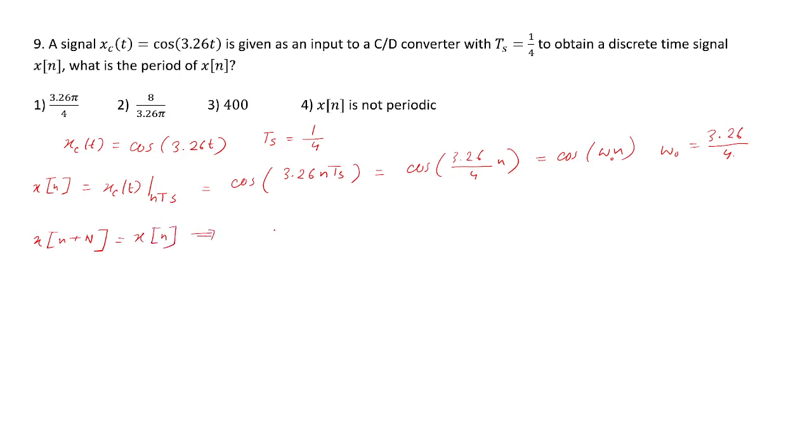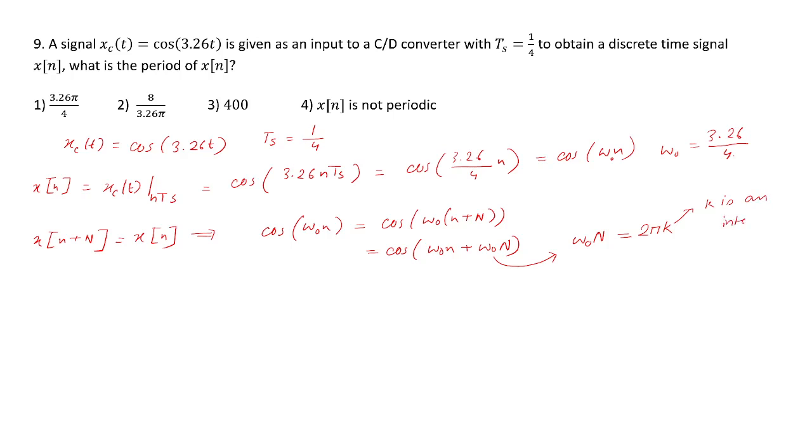This condition implies cos of omega naught n should equal cos of omega naught (n + N), for some period capital N. For this condition to hold, this term, small omega naught times capital N, should be an integer multiple of 2 pi, k times 2 pi, where k is an integer.